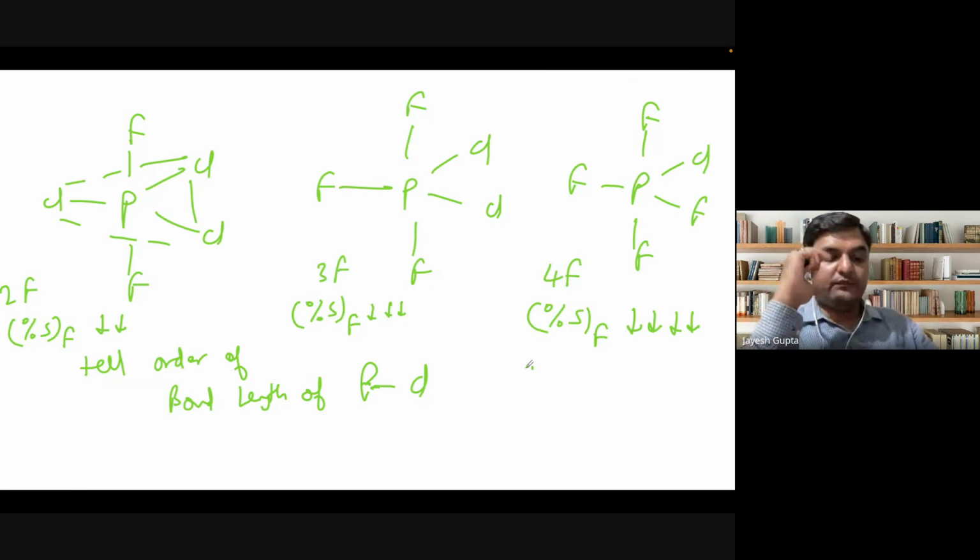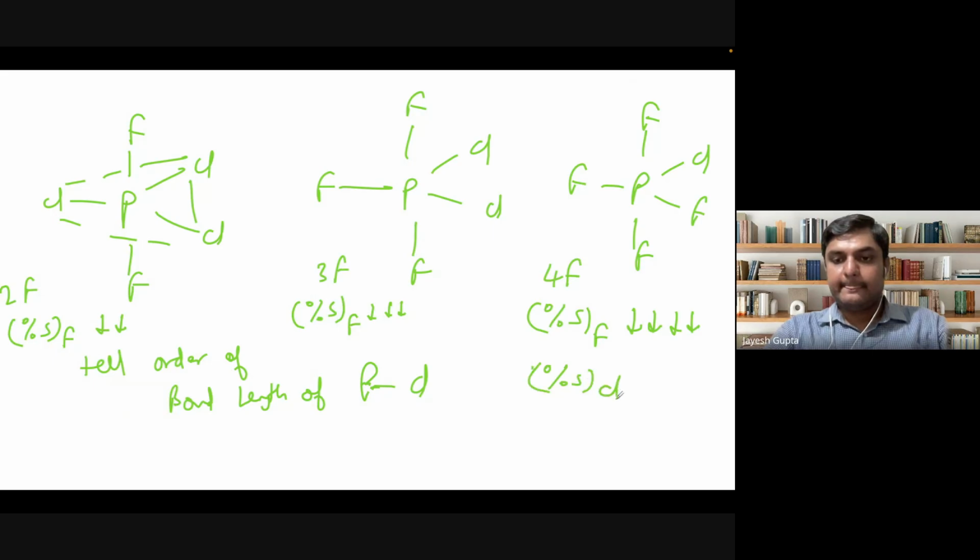So if F is decreased, for chlorine it will increase also very rapidly. Here the percentage s of chlorine increased by 3 arrow, here the percentage s of chlorine increased by 2 arrow.